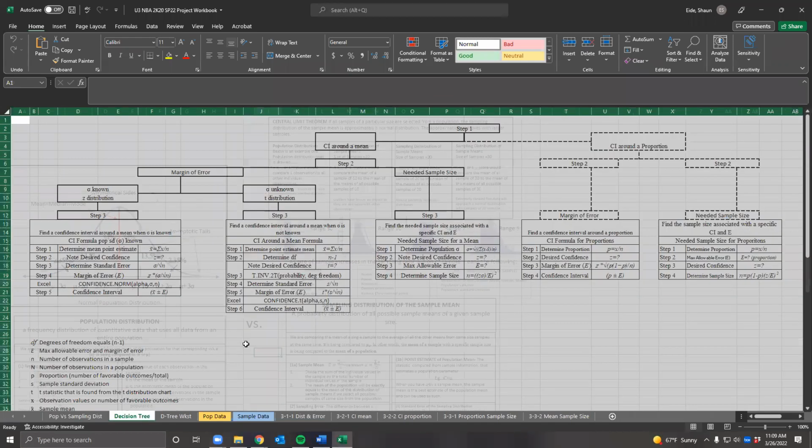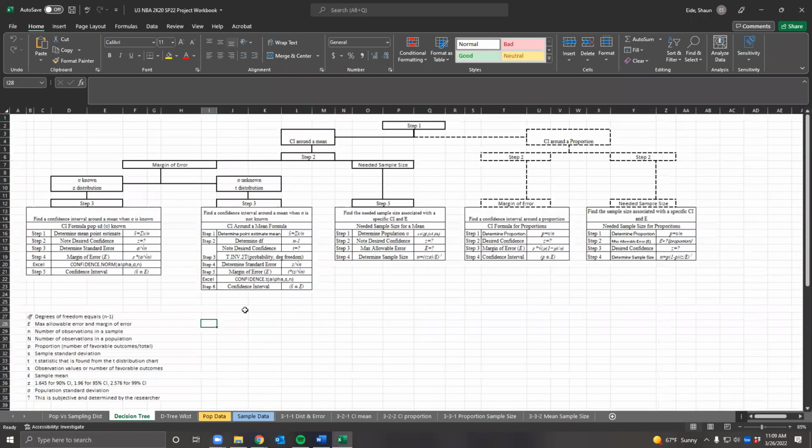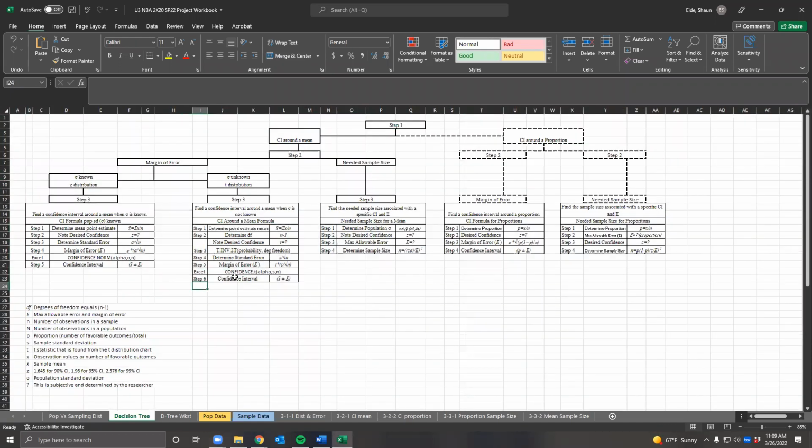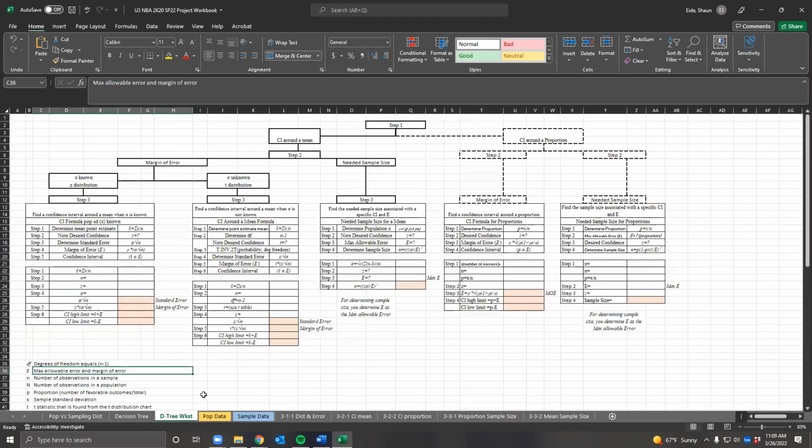Then coming in here, we've got a decision tree, and you can use all this information to be able to determine the correct answer about, for instance, the margin of error for confidence intervals, the sample size needed to calculate particular confidence intervals, so on and so forth. Then coming over here, pretty much the exact same thing, except this one gives you the opportunity to actually put the information in.